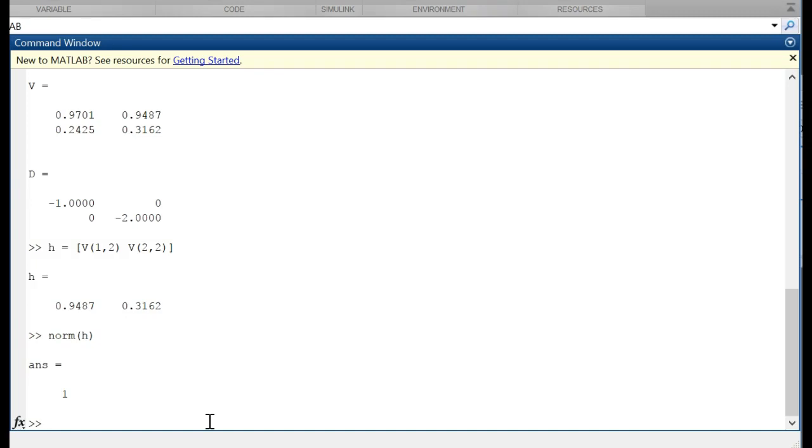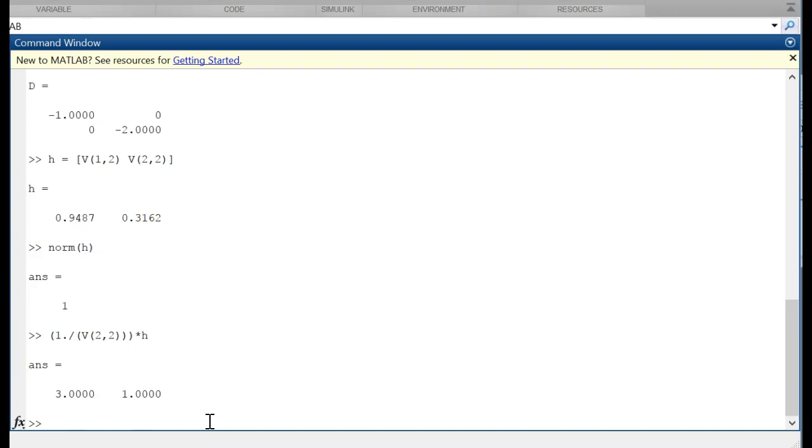And if I take 1 divided by V 2, 2 and multiply that whole quantity times H, this should give me the 3, 1. There it is. So there are the two vectors that I was expecting. MATLAB gives you funky answers because it gives you unit vectors instead of the ones you would get by parameterization, but they are the same set of vectors. They scale into each other.